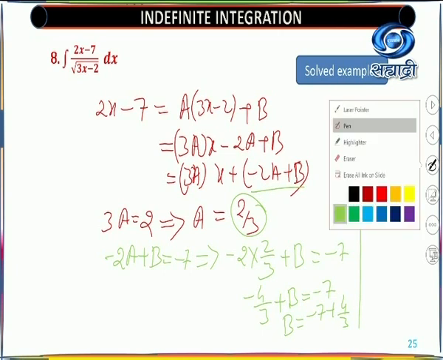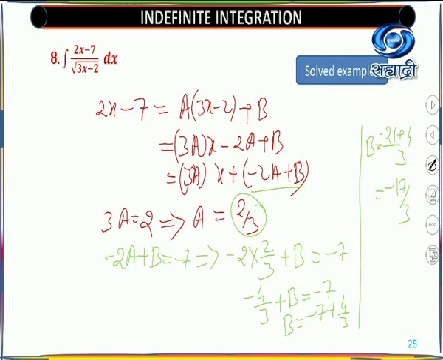Once you have the values, you know how to write your expression. 2x minus 7 is equal to a value, that is 2 upon 3, into (3x minus 2) plus b value, minus 17 upon 3. This value you need to substitute for the numerator so that this will get simplified.